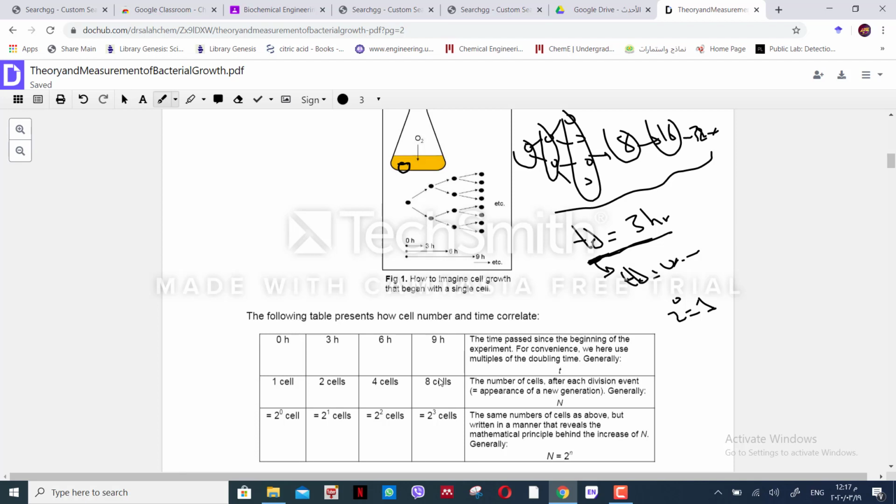What we want to say here is that we have 1 cell. After 3 hours we have 2 cells, and these cells will be different from the first; these 4 cells will be different from these, and also the 8 cells will be different from the 4 cells, and from the 2 cells.